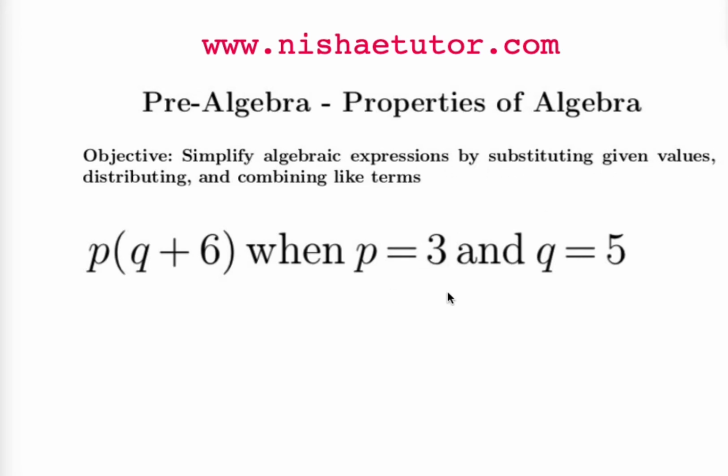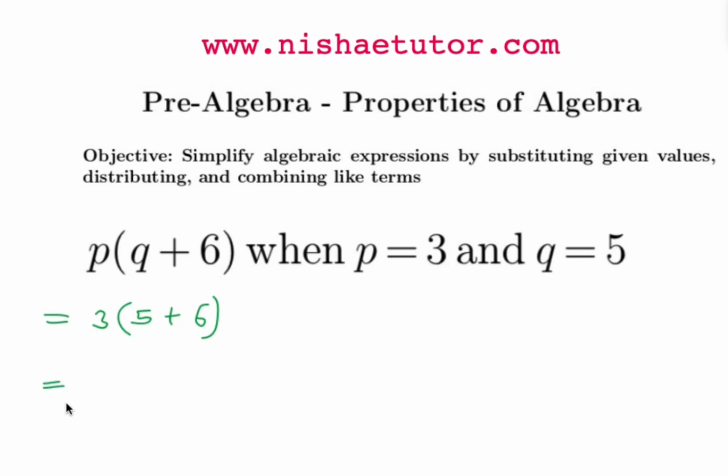Substituting given values. So now we can substitute the values here. What is the p value here? 3. And what is the q value here? 5 plus 6. And now we will use the PEMDAS rule.